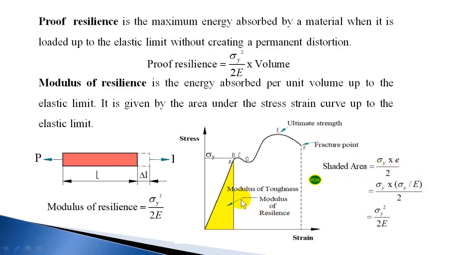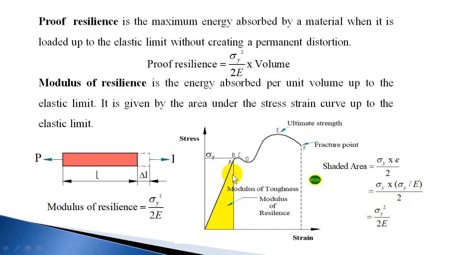Shaded area you can calculate as follows. This is sigma y on the y-axis, and this is the corresponding strain E. So the area of this triangle, it's almost like a triangle, is sigma y into E by 2, and strain E is stress by Young's modulus, so sigma y by E, giving sigma y square by 2E.